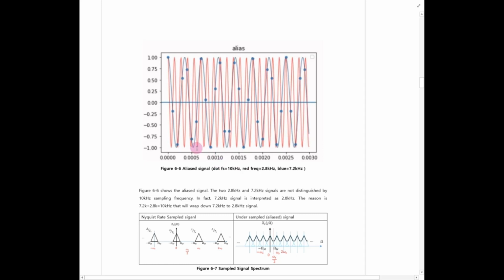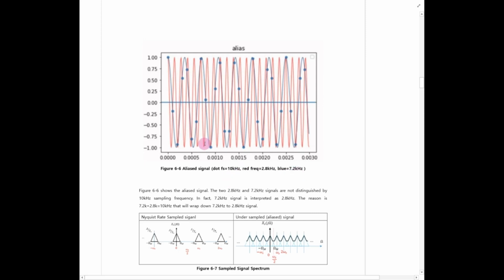But if you sample with 10 kilohertz, the crossing point is sampled like that. So 2.8 and 7.2 kilohertz have the same sampling points and the same values at 10 kilohertz. So we cannot distinguish between the 2.8 kilohertz and the 7.2 kilohertz by use of 10 kilohertz sampling.